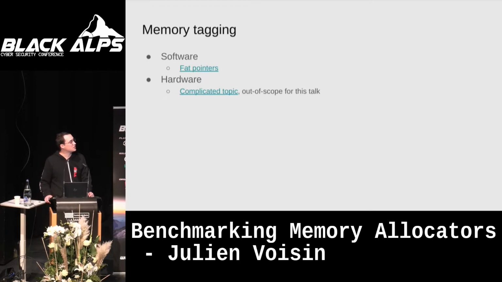Memory tagging, that's super hot at the moment. You can do it in software with fat pointers, so the idea is that a pointer carries some information about the lifetime or the type or these kinds of things. Or you can do it in hardware with memory tagging, MTE kind of things. Apple is doing it. This would warrant a talk on its own, so I'm not going to talk about it, but the idea is that the hardware helps you avoid this kind of memory corruption issue.